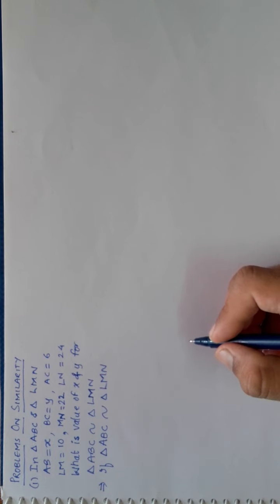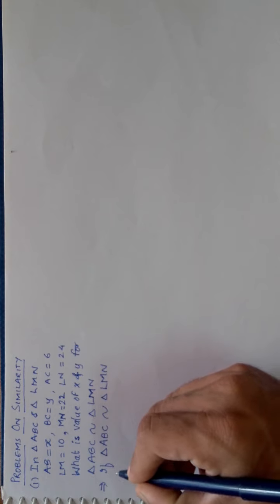So if it is similar, then obviously it will have all the pairs of corresponding angles congruent and all the pairs of corresponding sides in proportion. So here the information expected is only about sides, so I will talk about only sides.